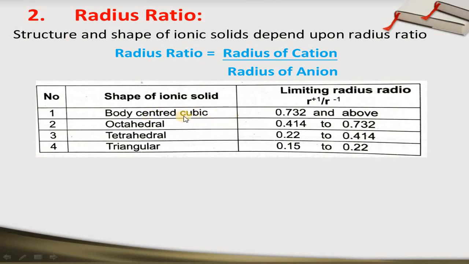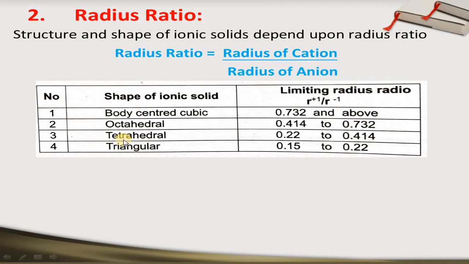If we have a body-centered cubic ionic solid, its radius ratio is 0.732 or above this value. If we have an octahedral structure, its radius ratio lies between 0.414 and 0.732.